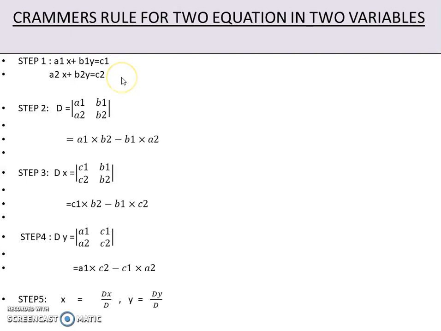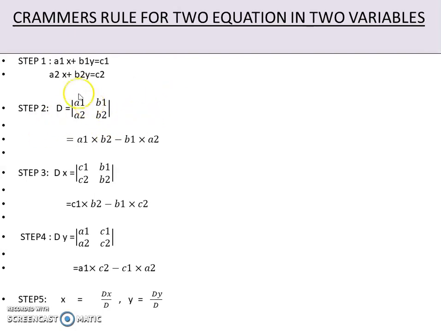Cramer's rule is more applicable when these constants are non-zero. Then you can easily find the values of x and y using Cramer's rule of determinant to evaluate the final answer.